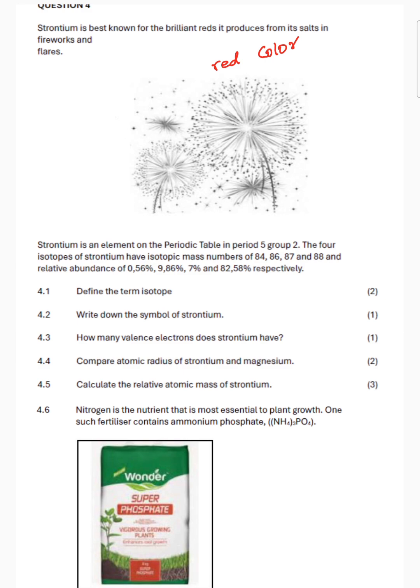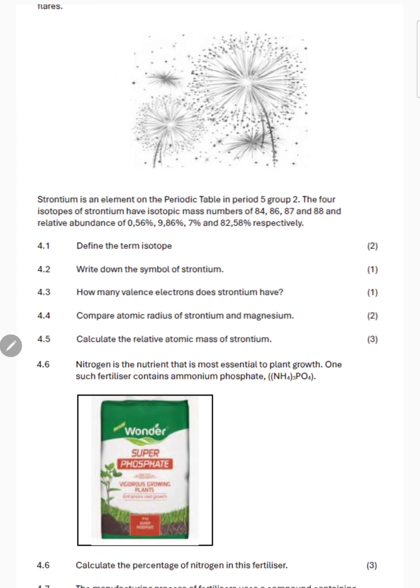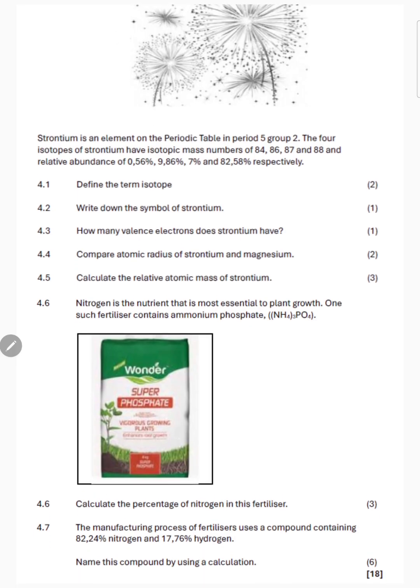Then there are the 4 isotopes of this element, with mass numbers 84, 86, 87, 88, and their relative abundance percentages. Then we define the term isotope. Can you go through this question by yourself?